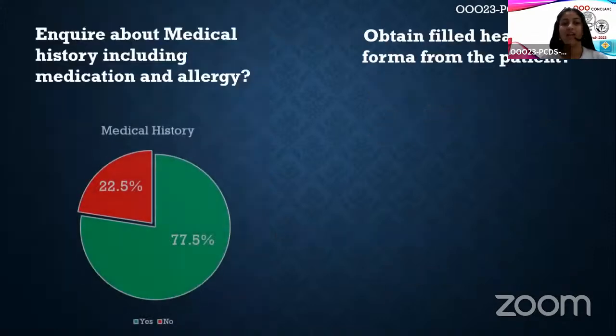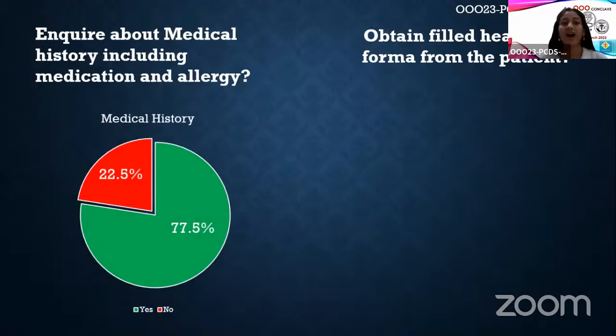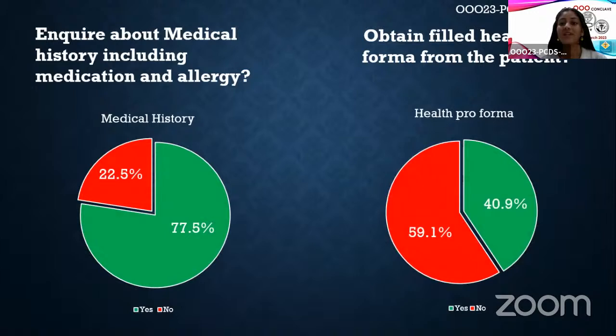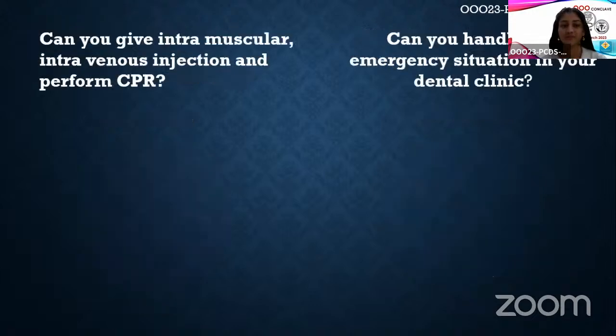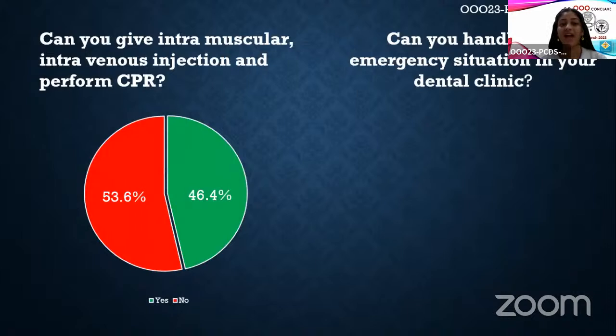In the present study, when inquired if they asked about medical history, including medication and allergy, or obtained a health proforma, 77.5% of them obtained medical history, while 40.9% of them obtained a health proforma. When asked if they can administer intravenous or intramuscular injection or perform CPR, 46.4% of them were positive.